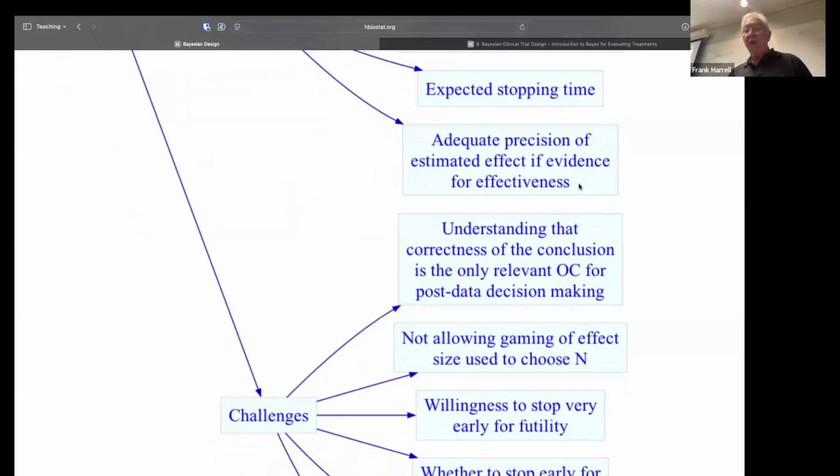So one of the characteristics of the design I'm going to talk about is that if we have evidence that the treatment is ineffective, we don't care to estimate how ineffective it is. But if we have evidence that it's effective, we want to have the ability to estimate how effective it is. So that's explicitly stated here.